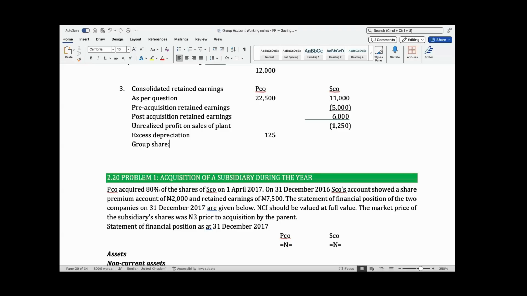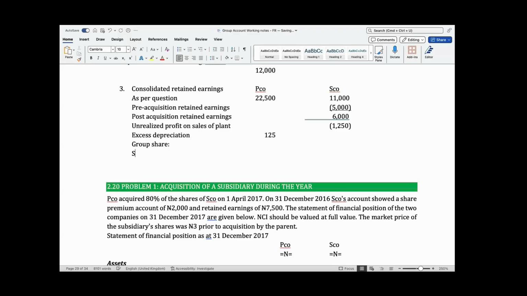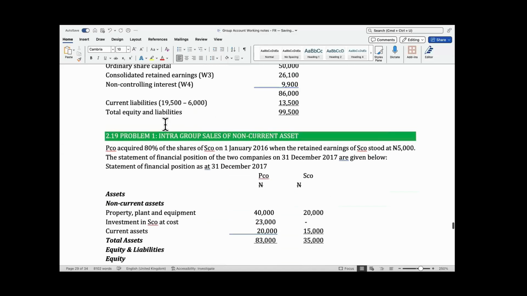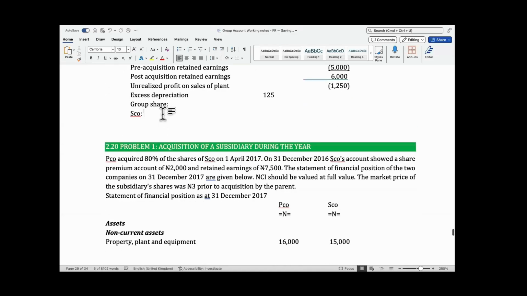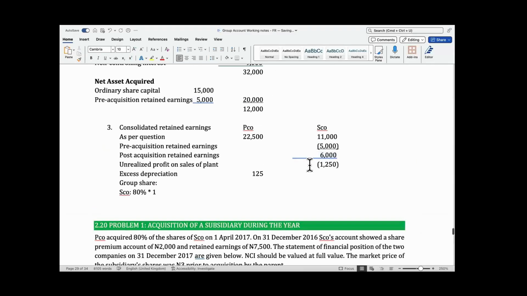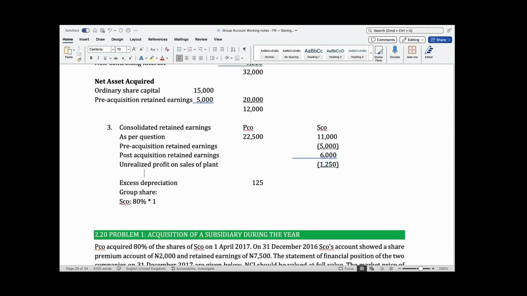So group share in ESCO. How many percent does the group have? 80%. That's 80% times how much? What's the balance here? What's 6,000 minus 150? 4,750. Okay, 4,750.